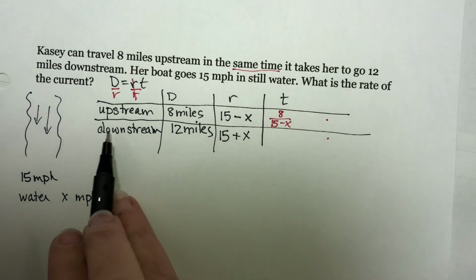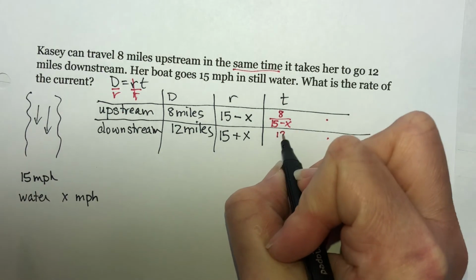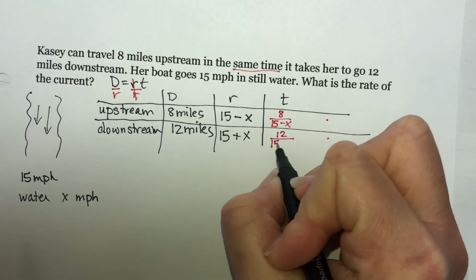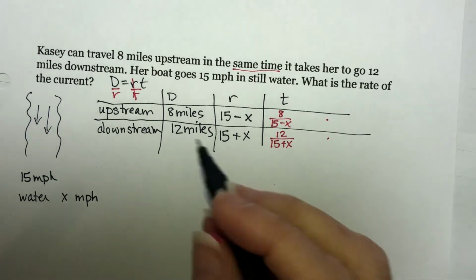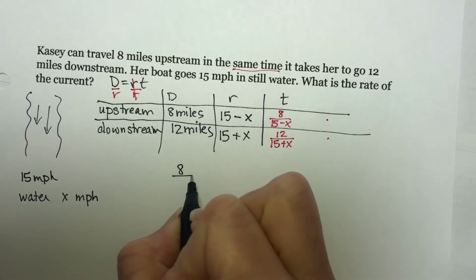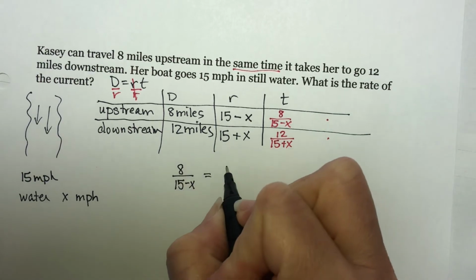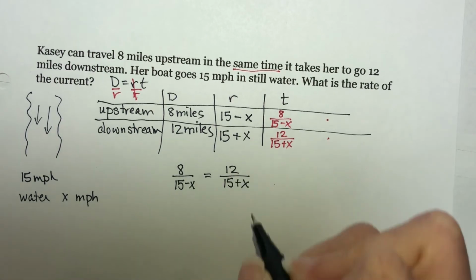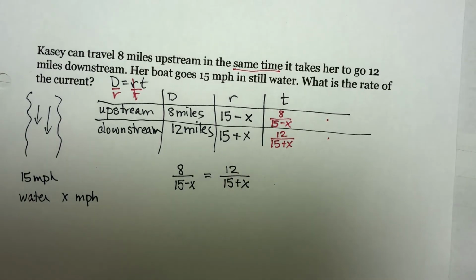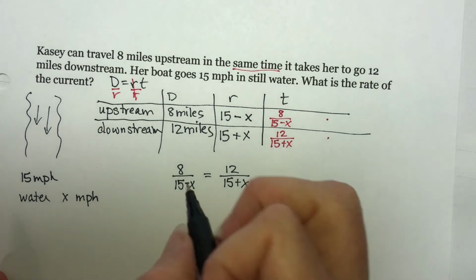The amount of time when we're going downstream is distance over rate. So this is 12 over 15 plus x. So we're told it's the same amount of time, so I'm just going to rewrite these with an equal sign between them. Now I do have one fraction-like thing equal to another fraction-like thing.